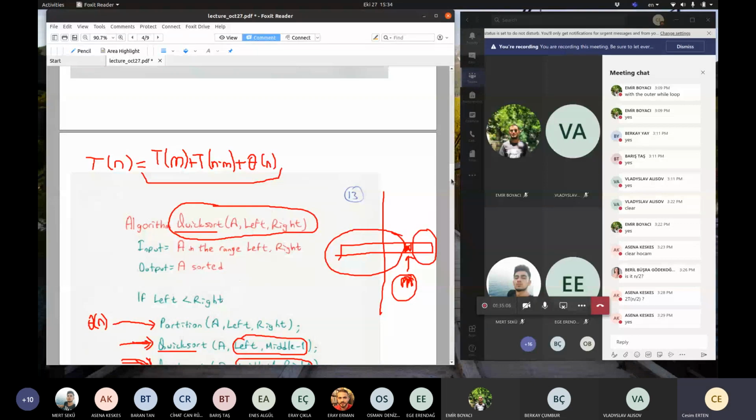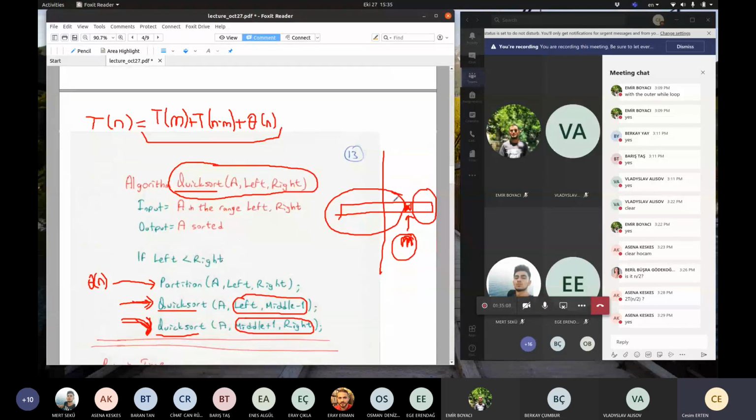But this is just one case. It only happens when the pivot element that we start with belongs exactly to the median of the array, exactly in the middle. But that might not be the case for every pivot value that we try.